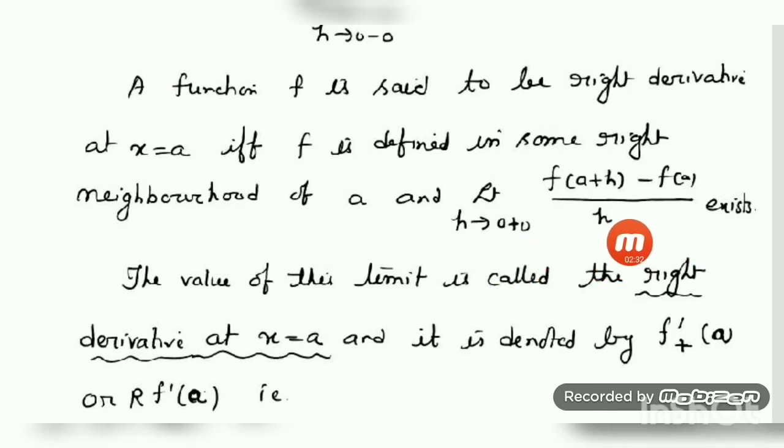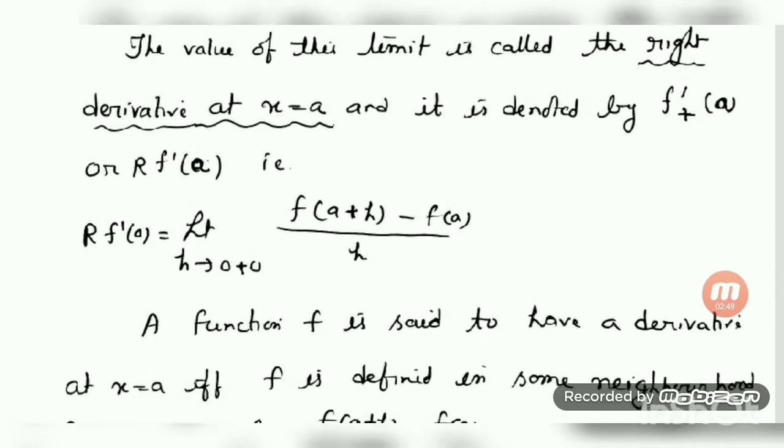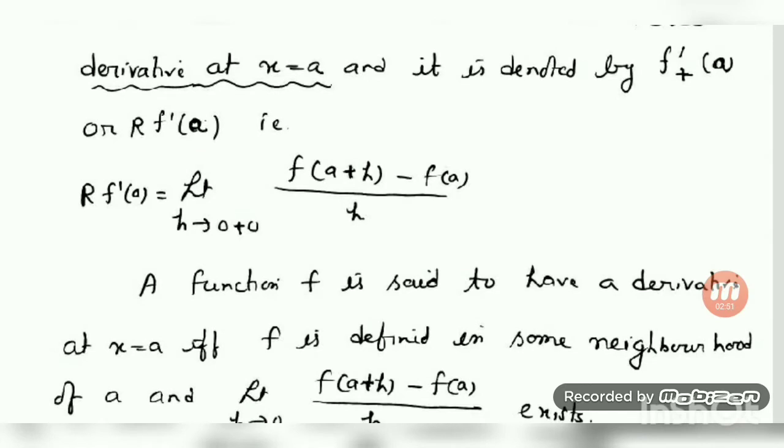The value of this limit is called the right derivative at the point x equal to a, denoted by f dash plus at the point a or R f dash a. What is R f dash a? R f dash a is equal to limit h tends to 0 plus 0 of f of a plus h minus f of a by h.